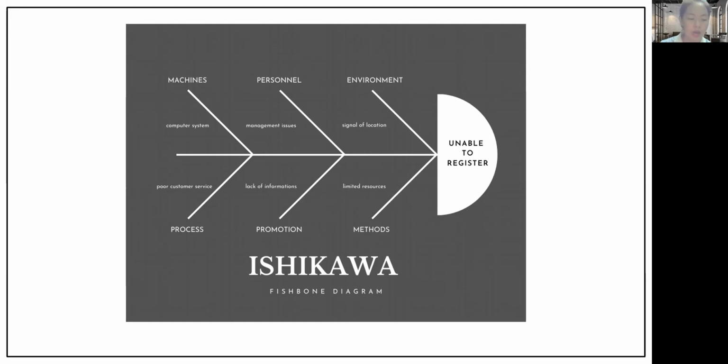Next we have the environment. Under the environment, we have the signal of location. So why signal of location? Slow internet connections or limited access from homes in rural areas can contribute to students falling behind in the enrollment process.